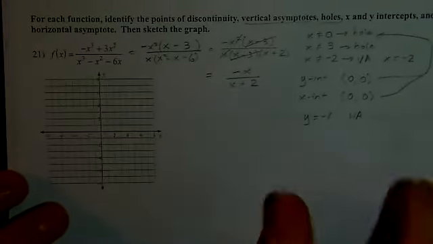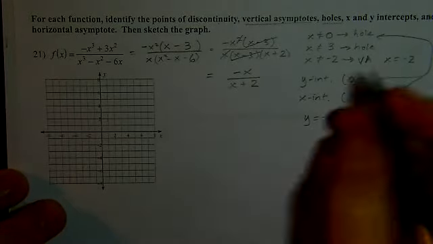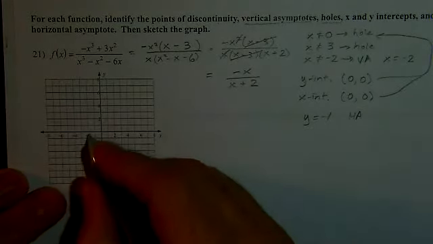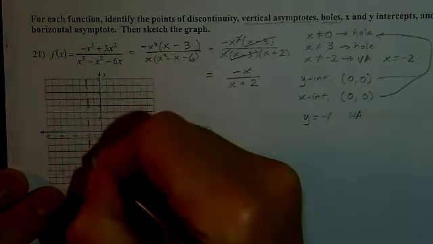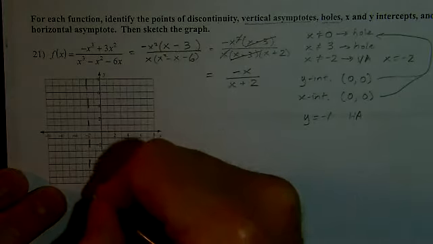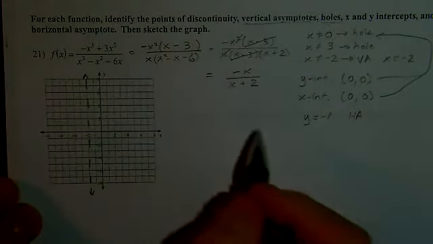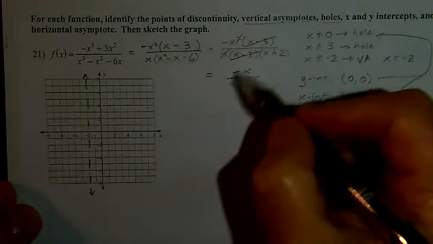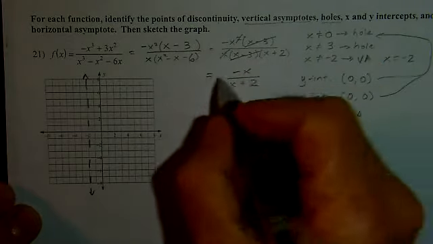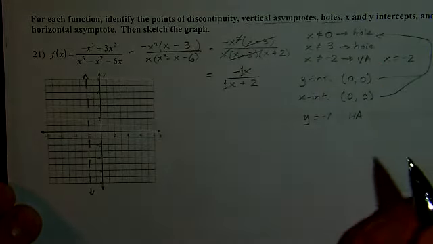First thing I put in place are the asymptote lines. Vertical asymptote at x equals -2. So here's -2. A vertical asymptote is just a dashed line through x equals -2, like that. Horizontal asymptote, y equals -1. And again, that came from the ratio of the leading coefficients of our function, so that's -1 over +1.